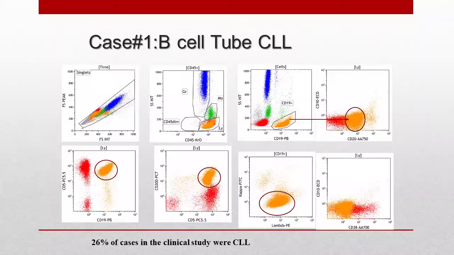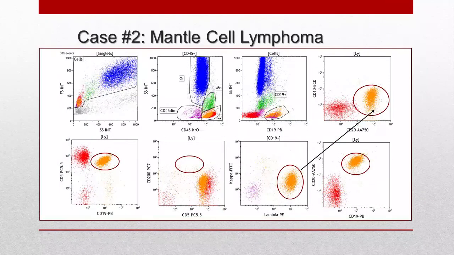They express CD20, they express CD5, a T-cell marker, and in this case they express CD200 as well, and they are mostly expressing immunoglobulin lambda. They do not express CD10, and they are dim to negative CD38. So the first case is a CLL based on the CD5 and CD200 marking.